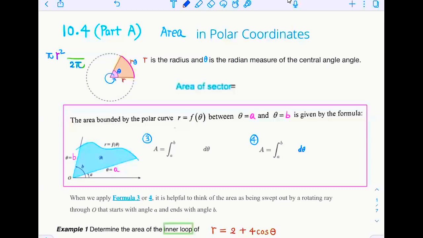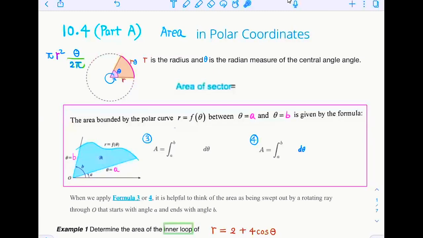Now, you see that this area is actually proportional to this center angle. The bigger this center angle, the bigger the area. So we will use this center angle divided by 2 pi to find the ratio between this sector and the whole circle.